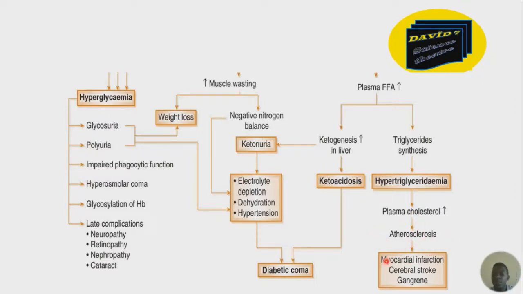You end up having myocardial infarction if the heart is affected, cerebral stroke if there is hypoxia or hypoperfusion of the brain, and gangrene, decaying or necrosis of tissues. So basically that's what occurs when there is insulin deficiency, and these are the several effects of hyperglycemia. Let's continue.